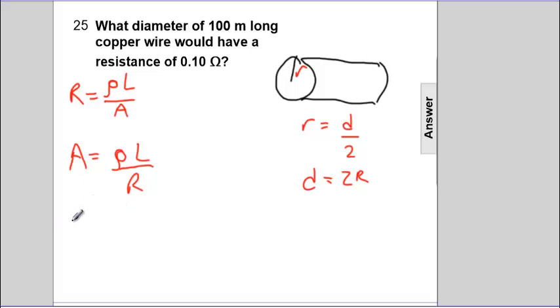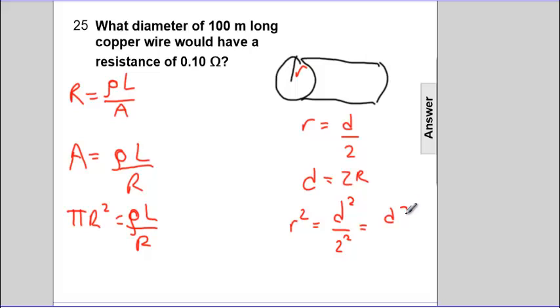We know that area is pi r squared, and that will equal rho L over R. Pi r squared, what is r? r is d divided by 2, as stated here. What is r squared? If I square one side, I just square the other.